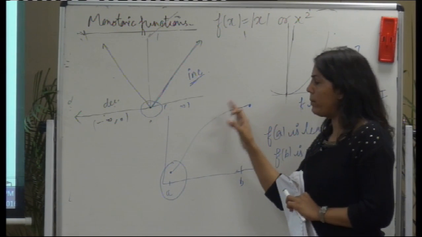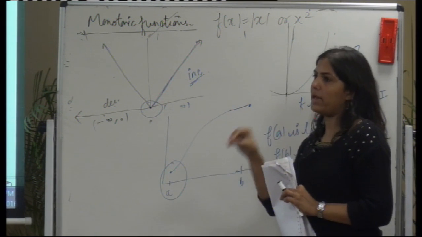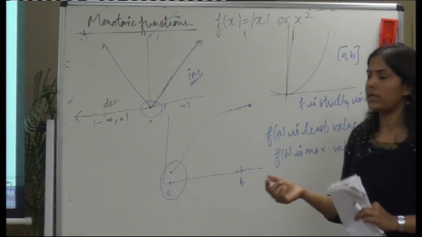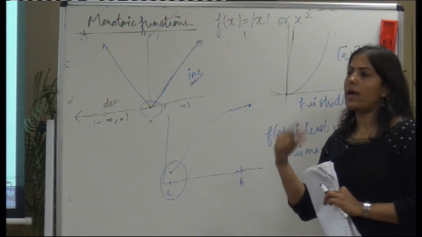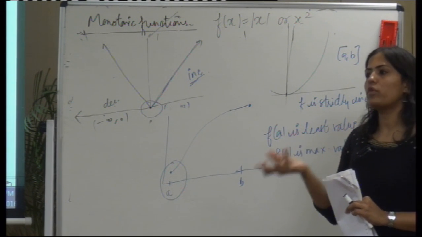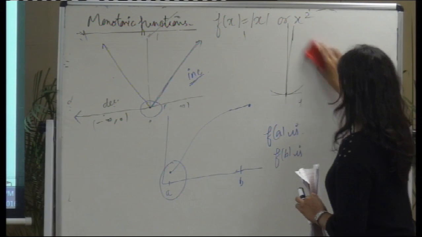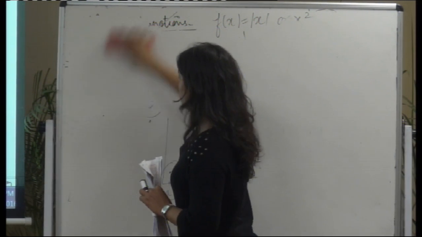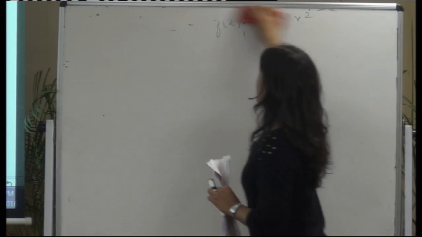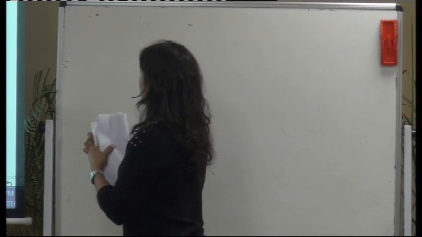But if you have a strictly increasing function, no need to apply any method. This value will be the least, this value will be the maximum value. But that method helps in general for all functions. But if you know your function is strictly increasing or strictly decreasing, you can easily answer the maximum and minimum of that function. So now come to the definition, write down the theoretical definition, how we'll check.